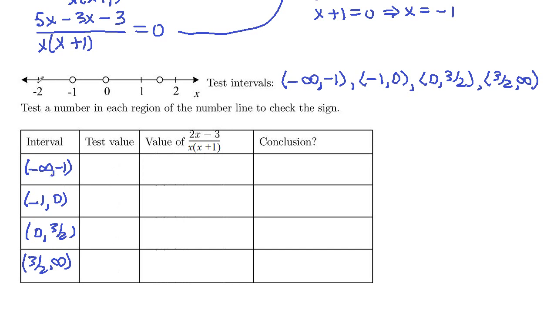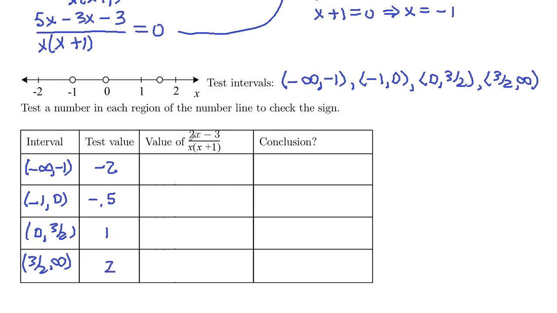So in this interval here, why don't we pick negative 2? In the interval here between negative 1 and 0, how about negative 0.5, negative 1 half? Between 0 and 3 halves in this interval, let's pick 1 for our test value. And then from 3 halves to infinity over here, let's pick 2. So just pick the easiest number.